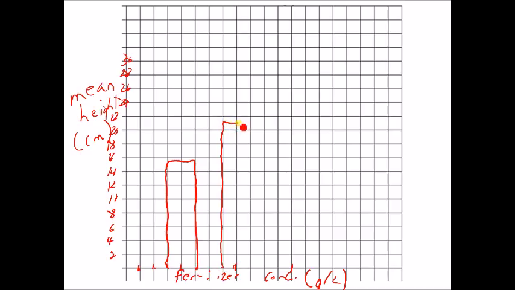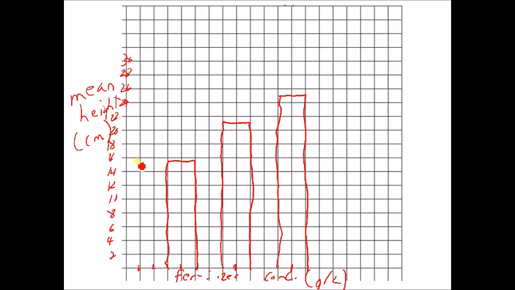Maybe somewhere right in there. Like so. And then finally for 60, we're graphing a mean of 25. And again, mine's going to be kind of messy since I'm doing this on this computer screen as we go. But you get the general idea. So you would want those to be nice straight bars. So now we've graphed the means.